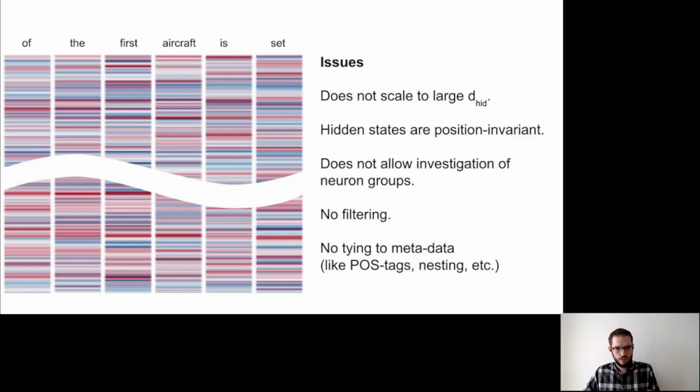In addition, the hidden states are position invariant, but we actually have some cells on top and some on bottom here. So clearly the visualization does not correspond to how we understand something that is position invariant. We would need to show them all in the same location at once. This visualization is further incredibly bad for investigations of neuron groups.